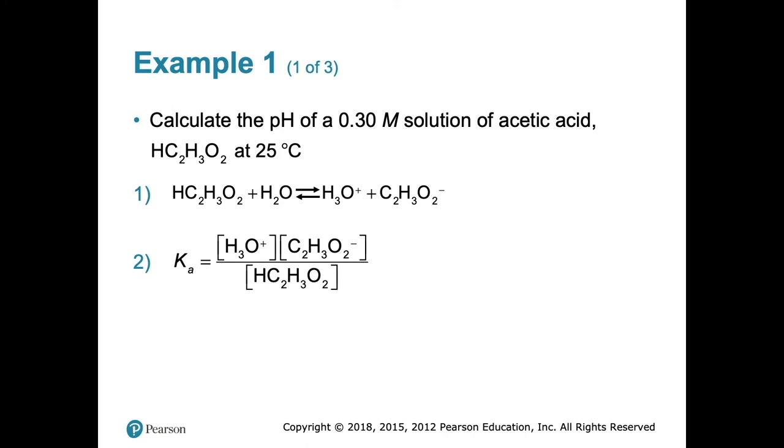So the equation is this: acetic acid plus water makes the hydronium ion and what? The acetate ion, right? And so the Ka expression will be Ka equals the hydronium times the acetate divided by what? The original concentration of the acid, which in this case was 0.3 molar, right?